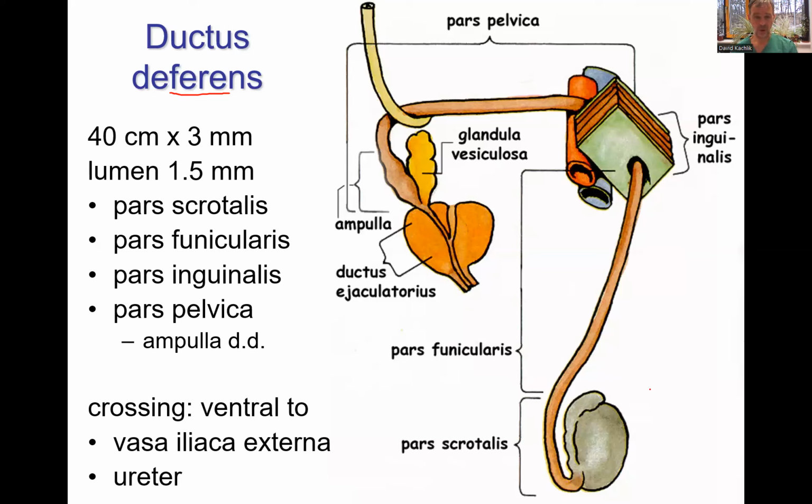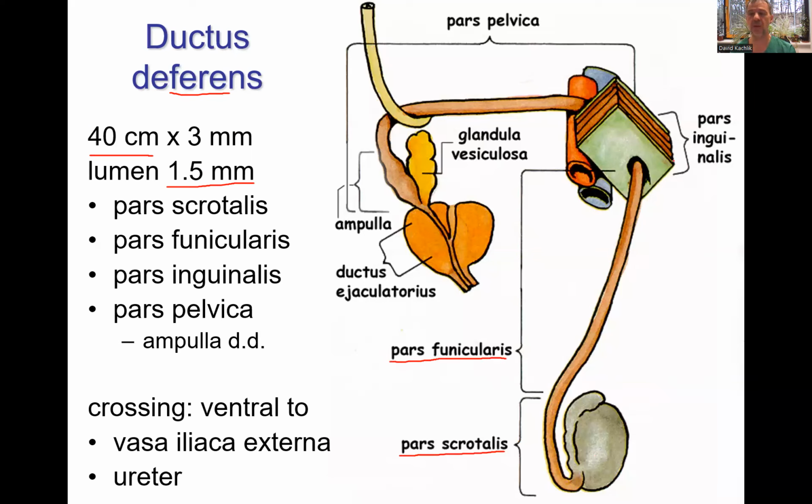It is a very long tube, 40 centimeters, and its lumen is very, very small, just 1.5 millimeters, and it is located inside scrotum, so it has a scrotal part. Then it ascends inside spermatic cord, so it has a funicular part.